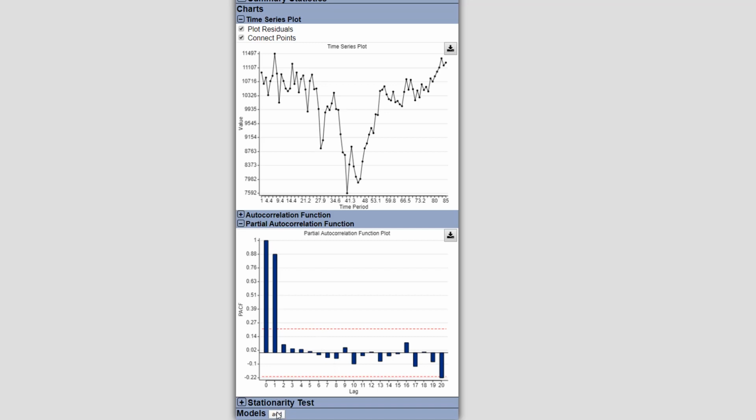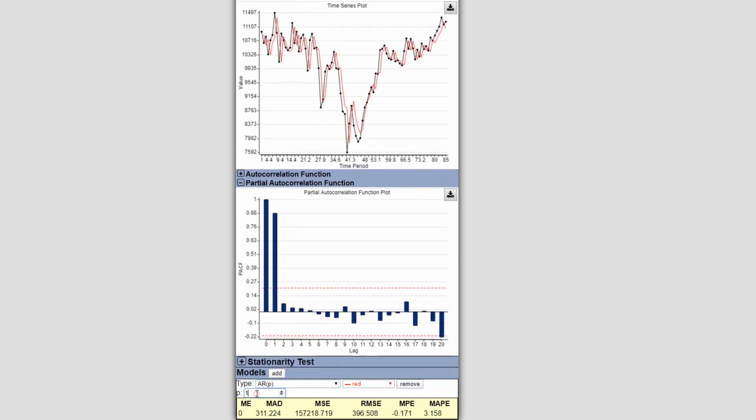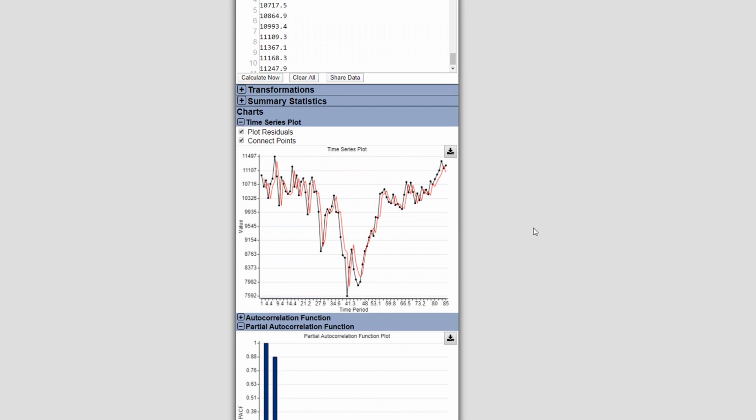And so there's a model that's useful for that, which is the autoregressive model with autoregressive order 1, which is to say the prediction of where we're going to be at each time step is going to be a constant and then a scalar times where we were one time step ago.